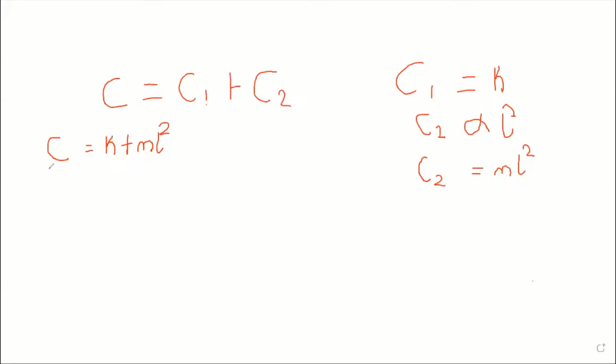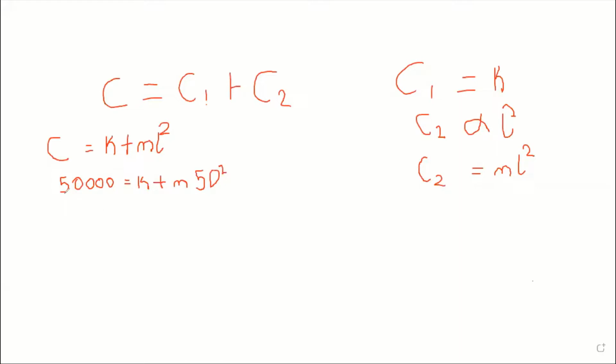They said the cost of a roll 50 meters is 50,000. So cost 50,000 is equal to K, which is our first constant, plus M, and the length squared. We found out that the length is 50. So 50 squared.